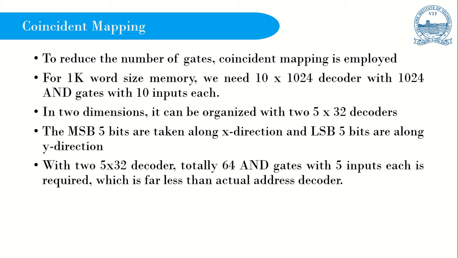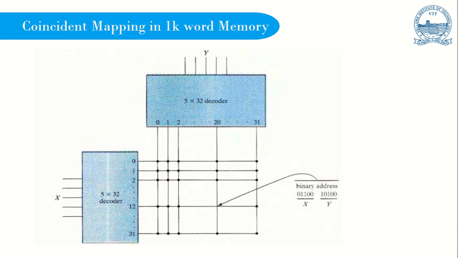So when compared to the direct 10 cross 1024 decoder, where we need 1024 AND gates and each AND gate has 10 inputs, here the number of AND gates required and the number of inputs per AND gate are greatly reduced. So this is one structure where I have a 5 cross 32 decoder here and a 5 cross 32 decoder here.